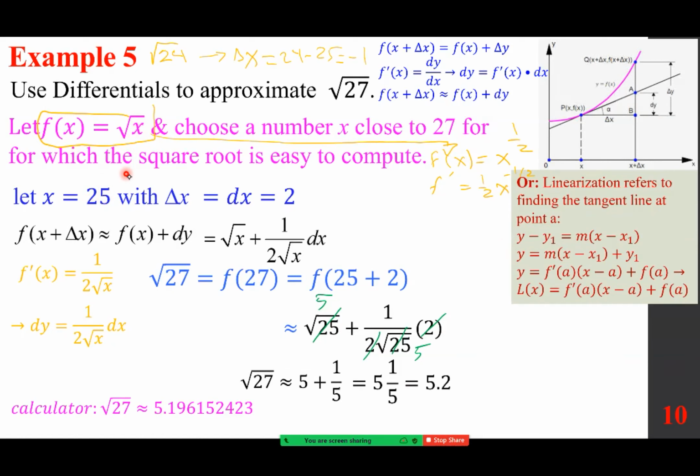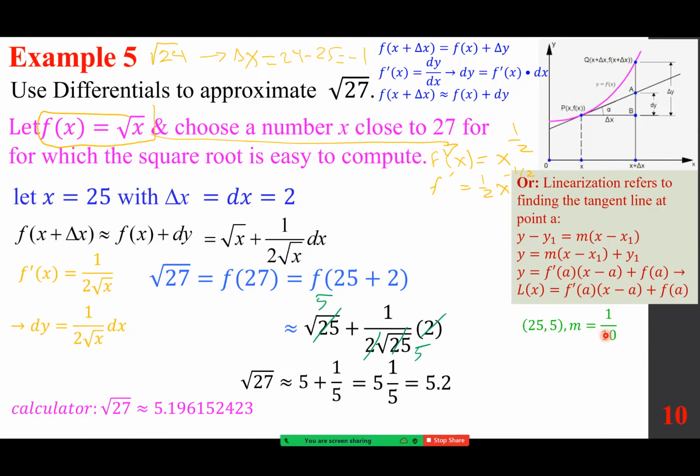So the pair is 25 and then the square root of that, whatever the function says. What about m? Take a look at this formula. Replace the x with 25, and that gives you 1/10. So this is the pair, and this is the slope.